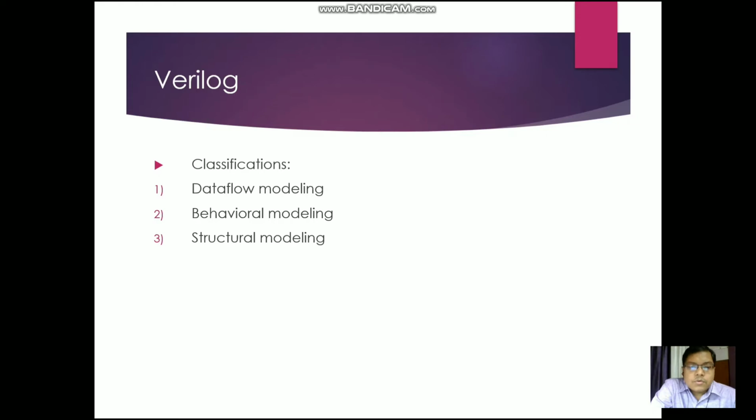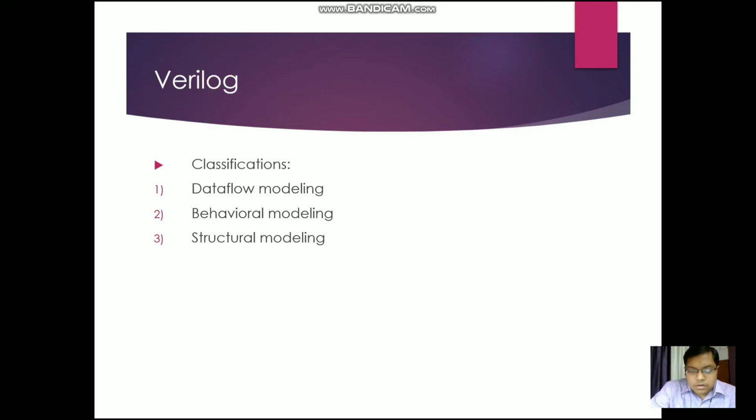We use this modeling only for complex circuits where multiple gates and transistors are involved, and the designer does not have any idea about each and every module's behavior. If the designer does not have the idea of the individual behavior, we generally opt for structural modeling. All the three modelings are perfect for hardware descriptive languages.